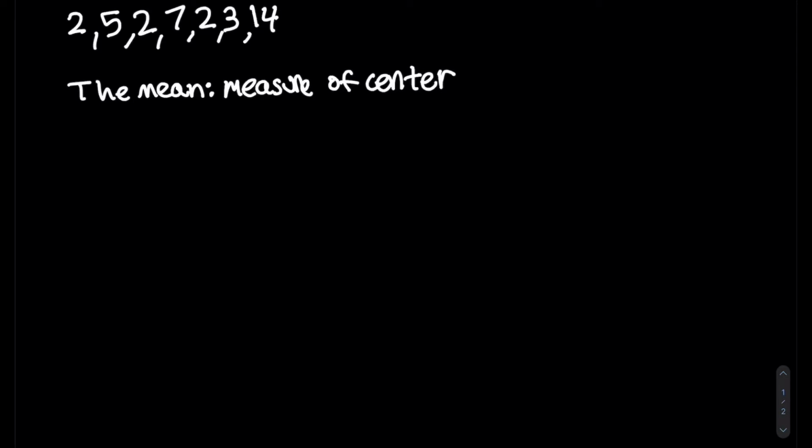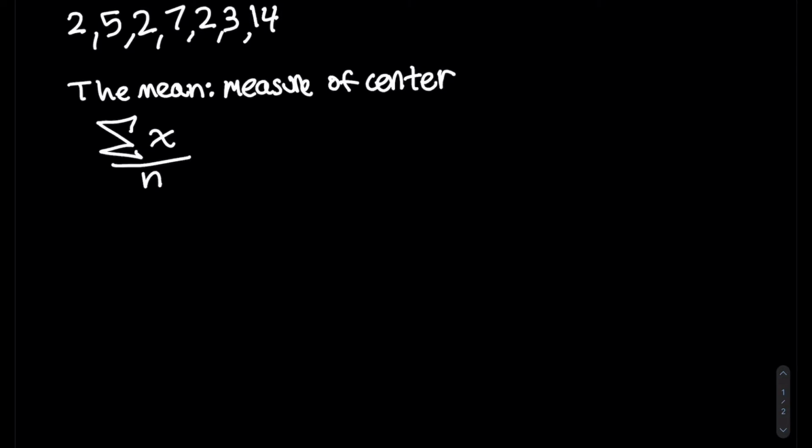Another way to write the mean, a fancier way, would be sigma x divided by n. Sigma just means the addition of all the points x in the data set, divided by n, which is the total number of points in the data set.